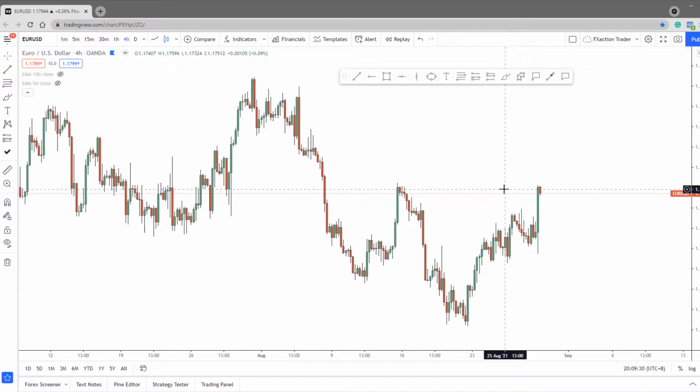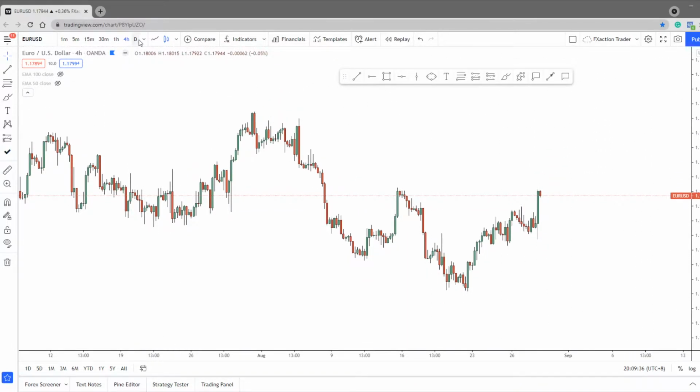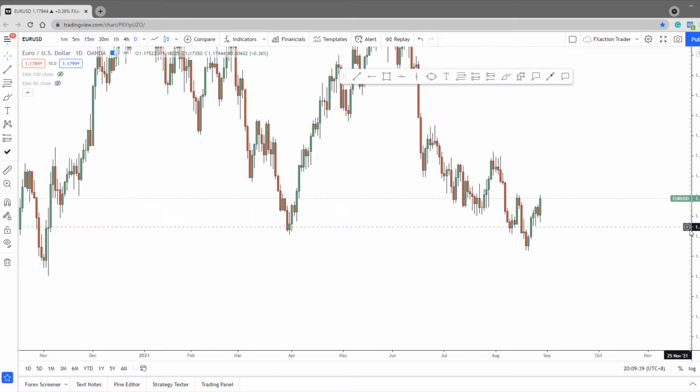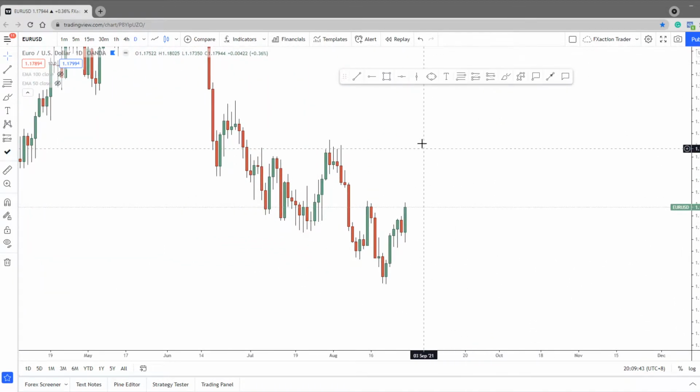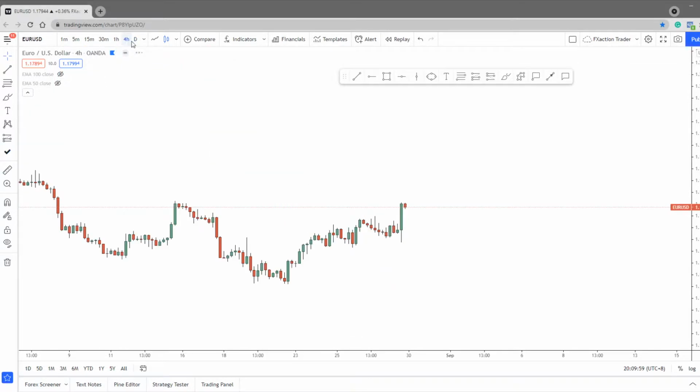As usual, we are going to start with the first pair, Euro Dollar. Let us have a look on the daily chart. On the daily chart, we can see that last week, market was quite strong in terms of bullish momentum, whereby we see a strong rejection from 1.16 and market just went along until 1.179, which is about 130 pips movement.